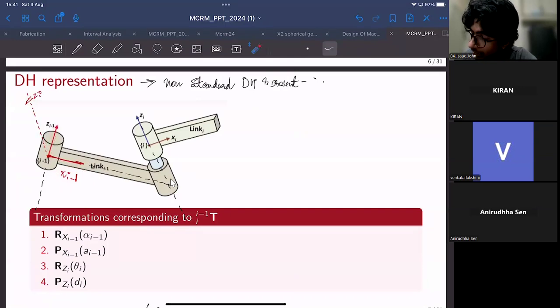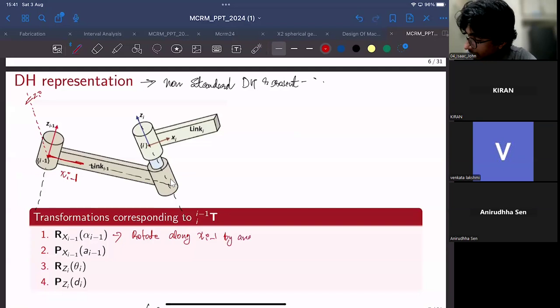So the first transformation is rotate along x_{i-1} by an angle alpha_{i-1} until z_{i-1} and z_i are parallel.